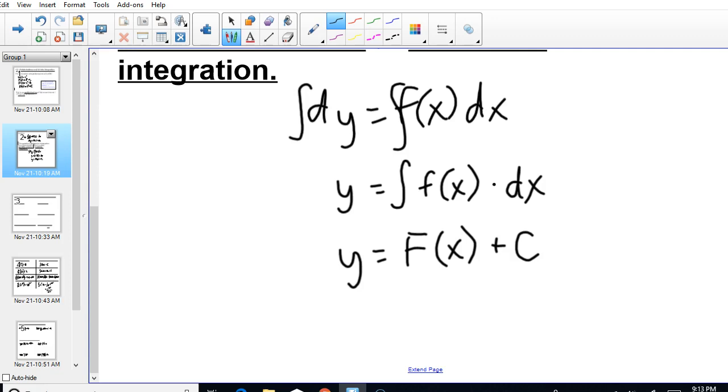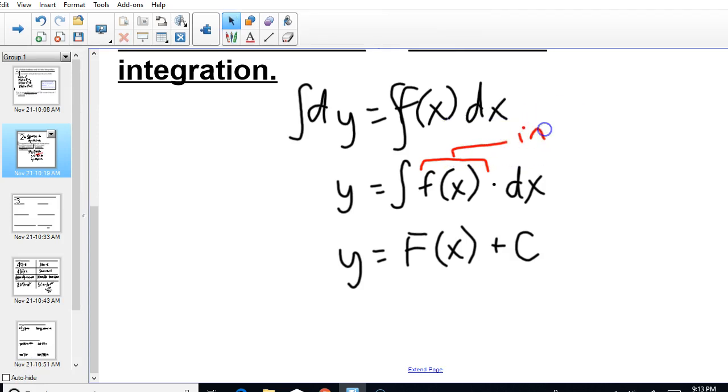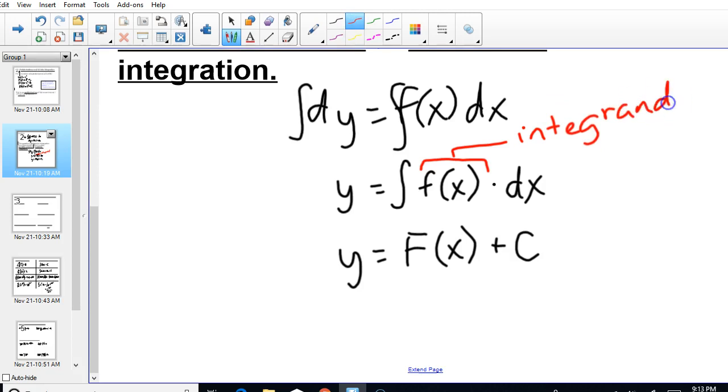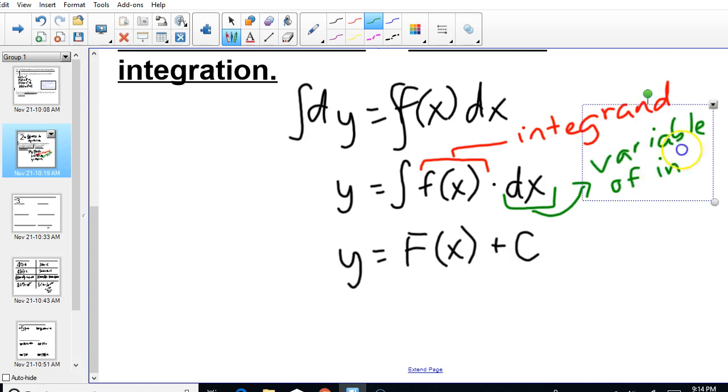So a few things notation-wise. This part right here, this f of x, is called the integrand. And this dx right here is our variable of integration.